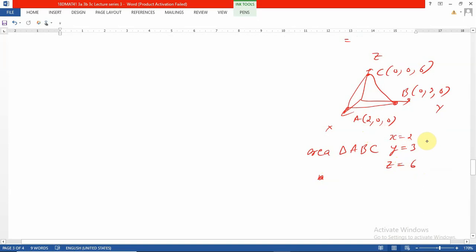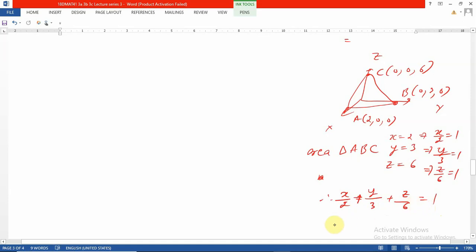So in simple terms, x upon 2 is equal to 1, y upon 3 is equal to 1, z upon 6 is equal to 1, or we say x upon 2 plus y upon 3 plus z upon 6 is nothing but equal to 1.